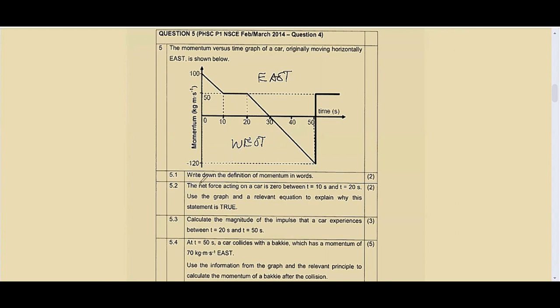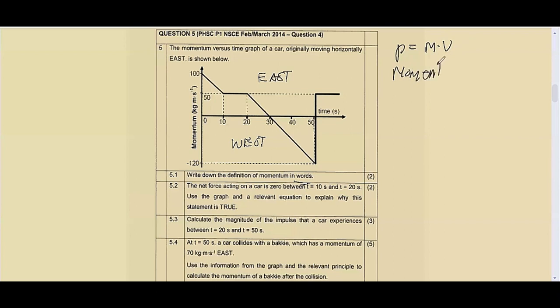Then 5.1 says, write down the definition of momentum in words. Now, if we look at the formula P is equal to m times v, this can help us deduce the definition of momentum, in that we can say that momentum is the product of the mass of the object and its velocity. So that's how we define momentum.